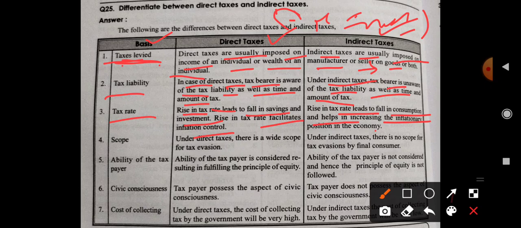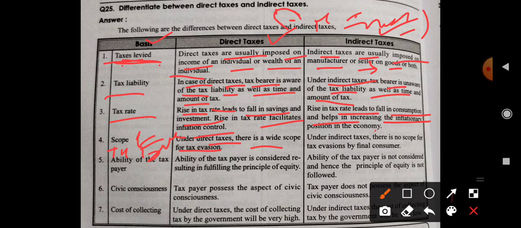Scope. Under direct taxes, there is wide scope of tax evasion. Scope of tax evasion, you write. Because no one knows how much income you are earning unless it is specified through your PAN or any bank transaction and other things.